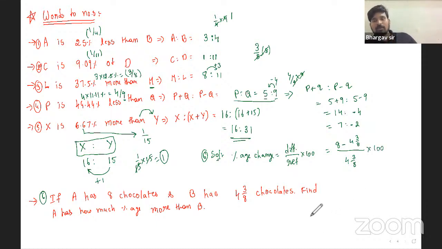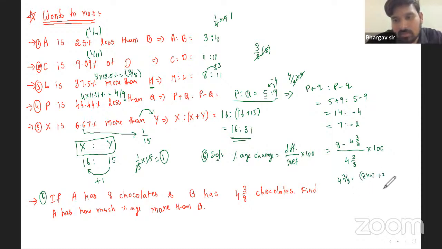बट पहले 4 3/8 जो भी है वो मिक्स्ड फ्रैक्शन में है, so I cannot simplify it right like this. I'll simplify it: 4 3/8 is equal to (8 into 4 plus 3)/8, right? I'm converting it into normal fraction. 32 plus 3, 35/8, right? This is what is 4 3/8.